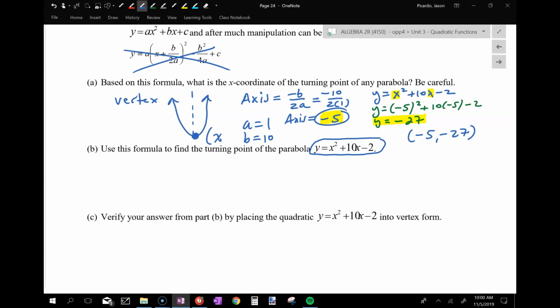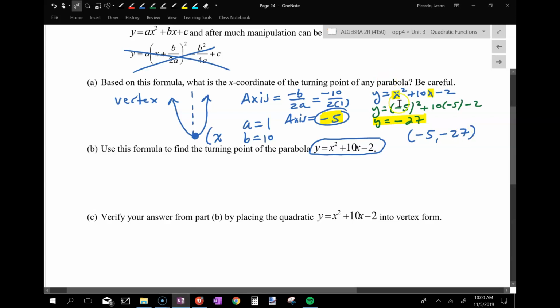Now, using completing the square, which you need to be able to do, if I did it the other way, what would I have to do? Give me my first step. Move the -2 over. So what does this become? Y plus 2 equals x squared plus 10x.